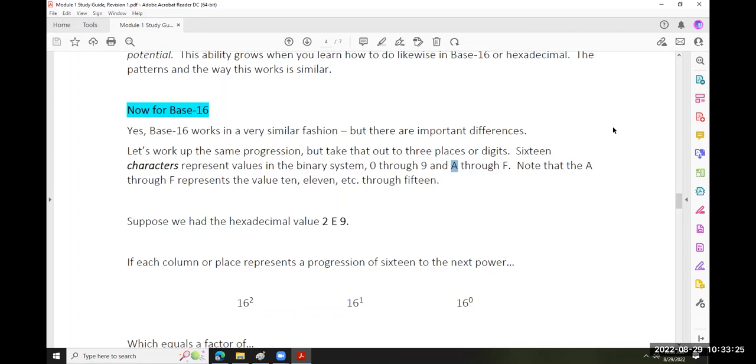Now in the hexadecimal or base 16 number system, we run out of the Arabic numerals. Your decimal system is based on 10 Arabic numerals.